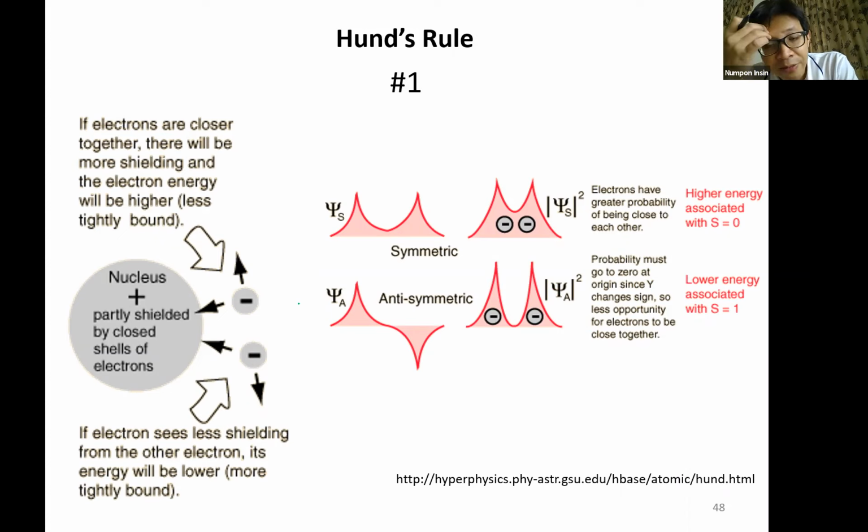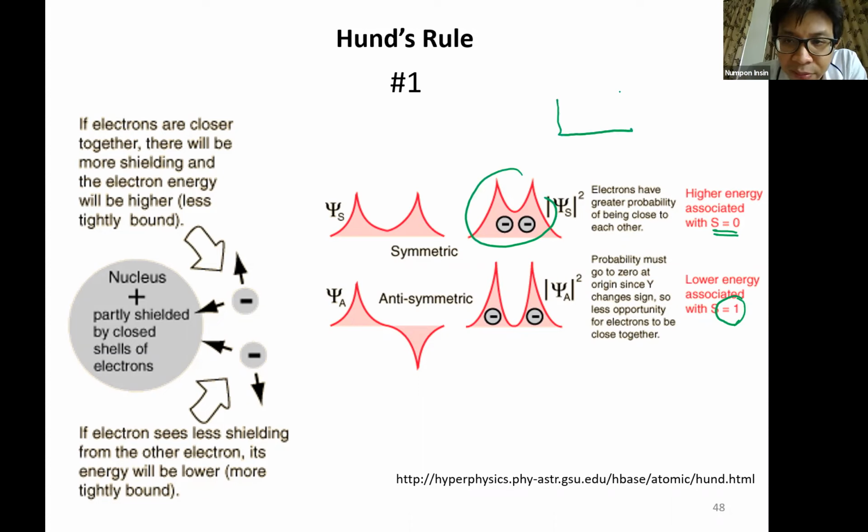The one that has a spin multiplicity of higher number is going to be the one lower in energy, because the ones that have spin combined together to a low value have a chance that they're going to stay in the same orbital. So you can think of this one.